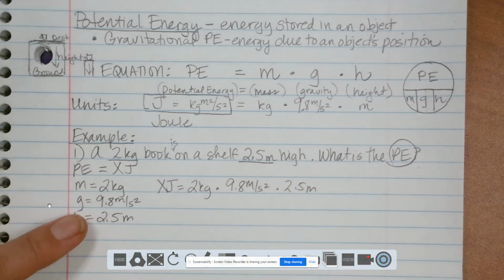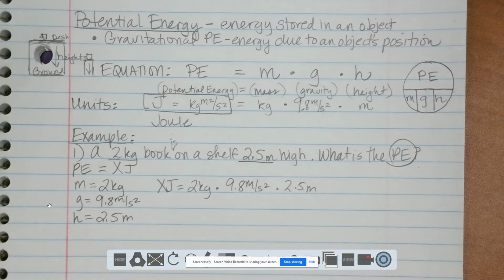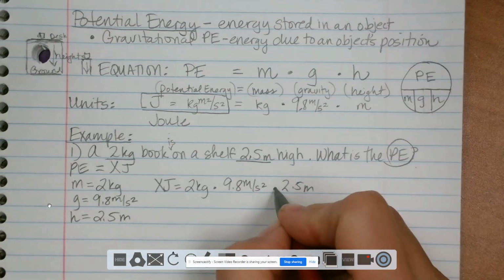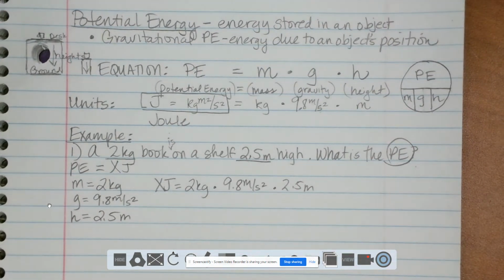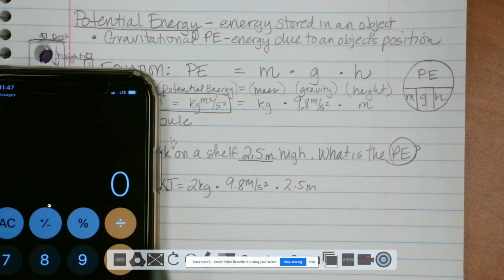Now, sometimes you might see me just do parentheses. That's fine too. However you want to write it, you can. And then you're just going to plug it into your calculator. Since it's multiplying straight across, it doesn't matter which number you plug in first. I'm just going to do it as I wrote it, but if you did gravity times mass times height, it doesn't matter. Okay. So 2 times 9.8 times 2.5 gives me 49.